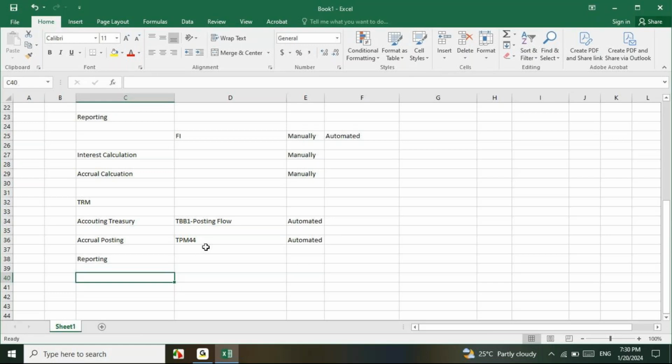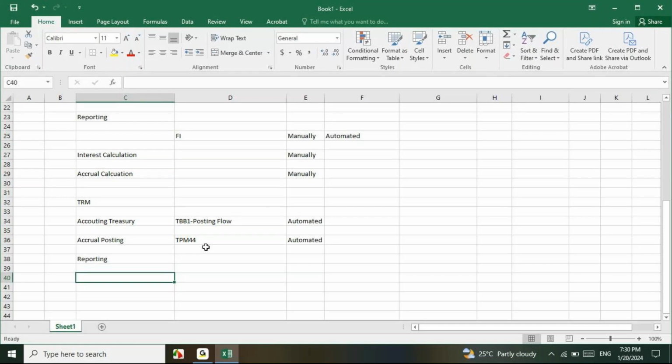So the first advantage, if you see that, you don't need to remember the GL account, what goes where. All this would be part of configuration. It would get posted automatically. Accrual posting automatically. Month-end activities. There are so many month-end activities which can be performed.